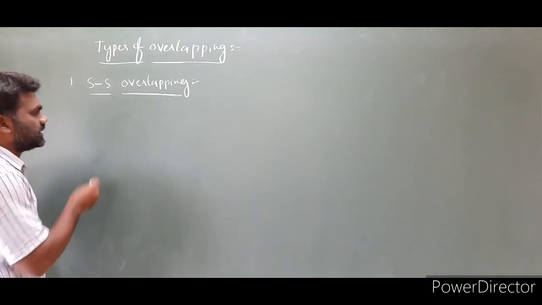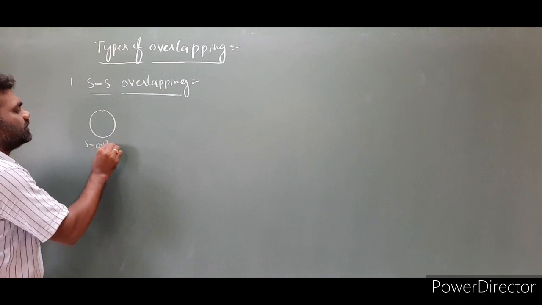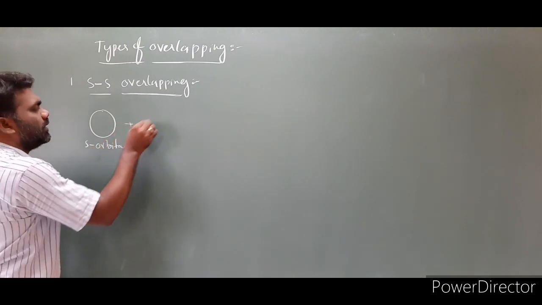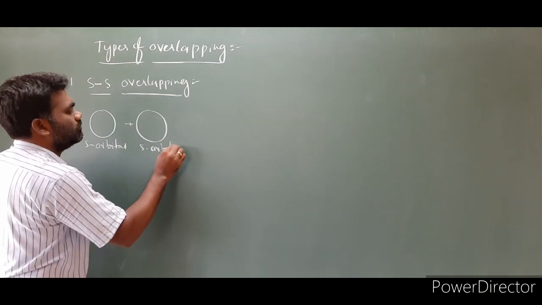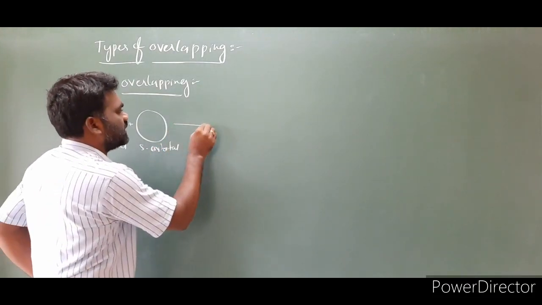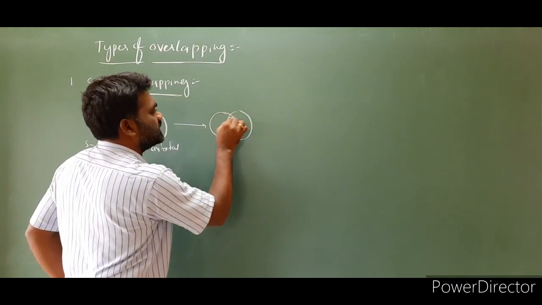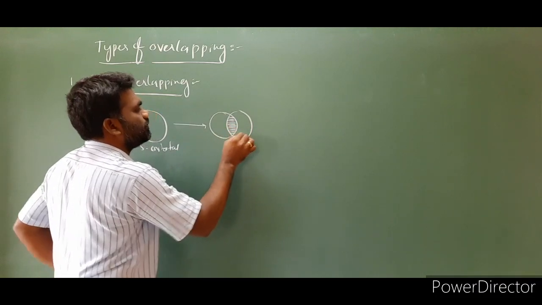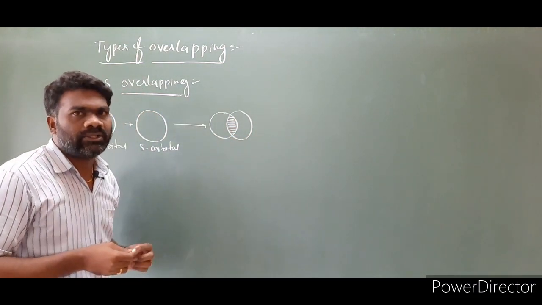What does this statement mean? This is one s orbital, and this is another s orbital. These two s orbitals will overlap like this. So this is a merged region. Partial merging is called overlapping.